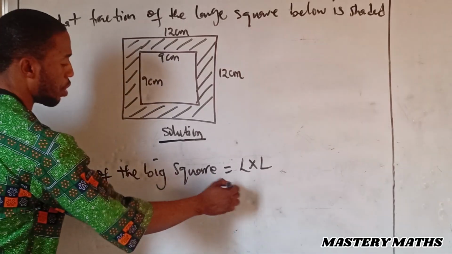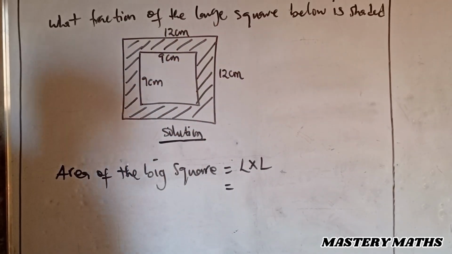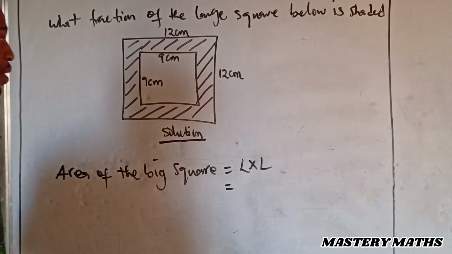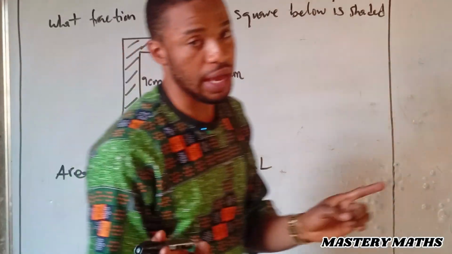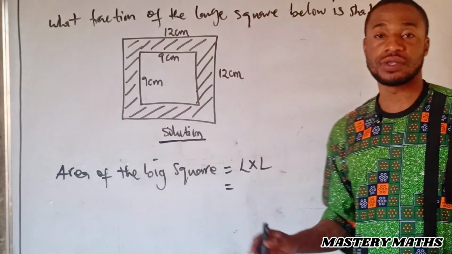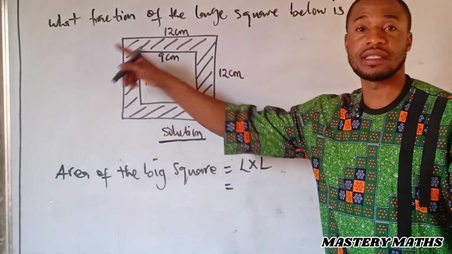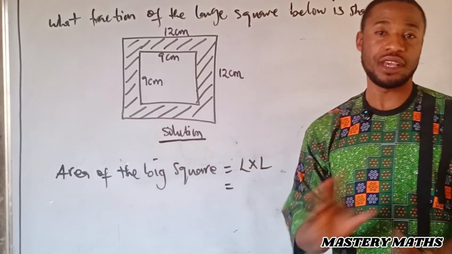A square has all sides equal. All sides of a square are equal. That's the reason you have length times length, or you can also say length squared, because the four sides of the square are equal.